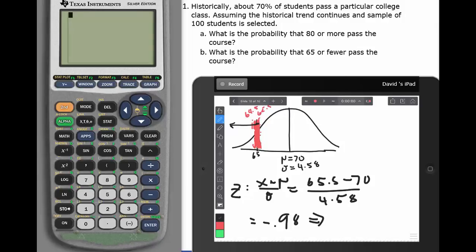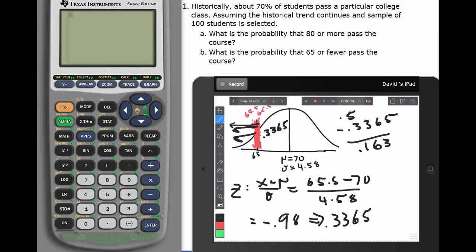At any rate, it's 0.3365. So this is 0.3365. And then the area below that, all of that, is 0.5 minus 0.3365, or about 0.1635, it looks like.